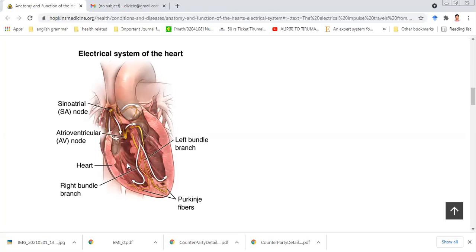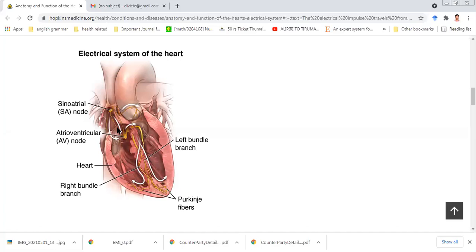So due to these vibrations of the heart, due to the excitation pulses, the heart beats, and due to that the blood will be pumped outside. Due to that contraction only, the heart works, and the blood is pumped outside.